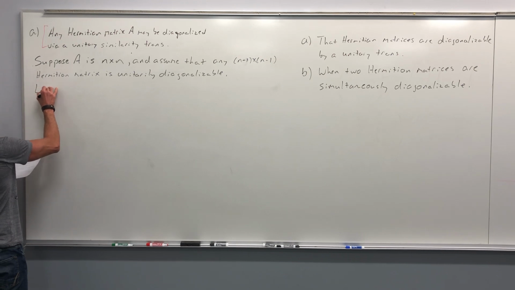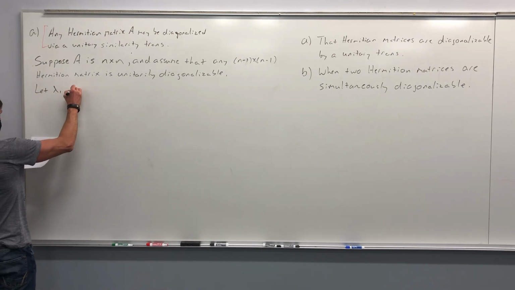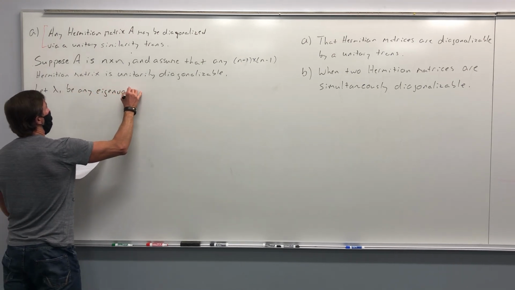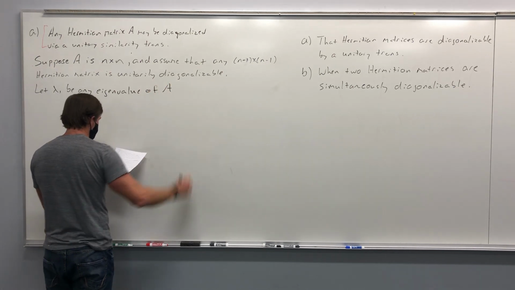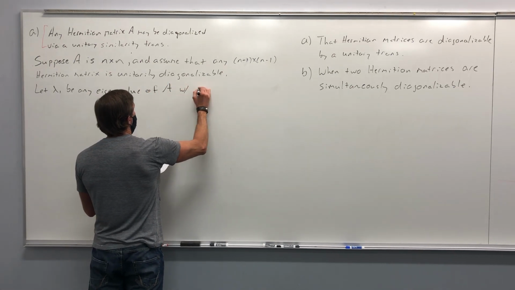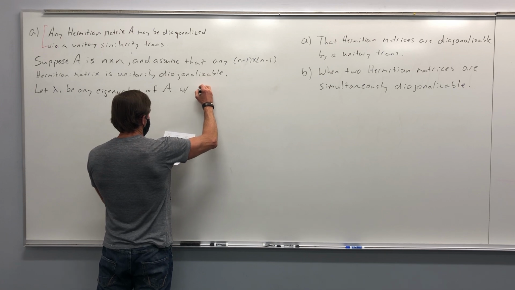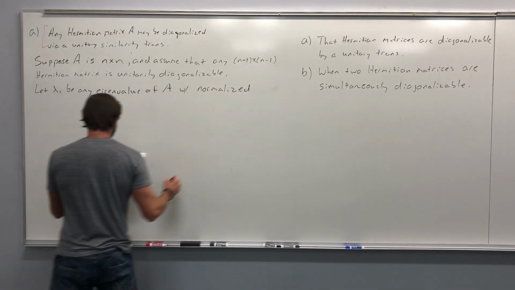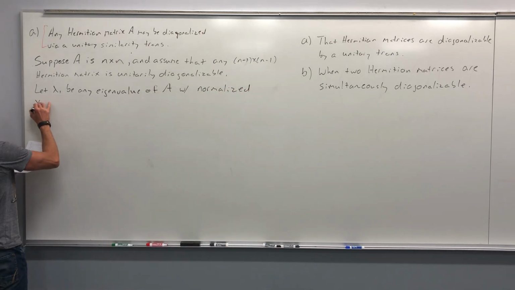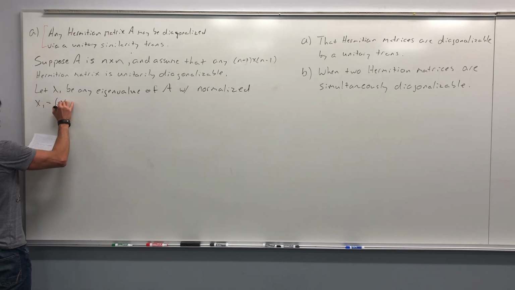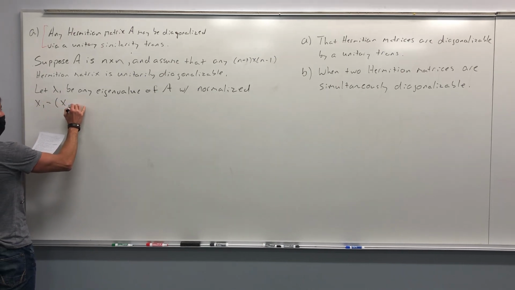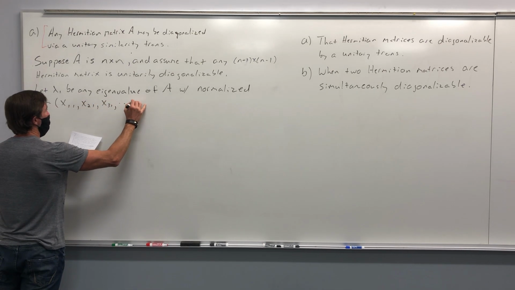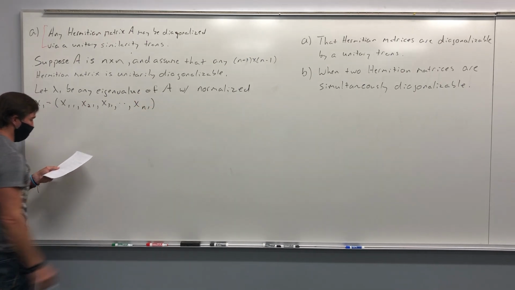Now, here we go. Let lambda 1 be any eigenvalue of A. It doesn't matter which one. With a normalized eigenvector, x1, and x1 is going to have the components x1,1, x2,1, x3,1, up to xn,1, okay?